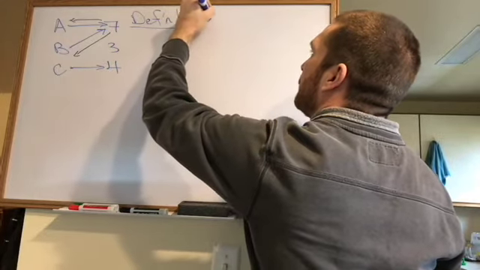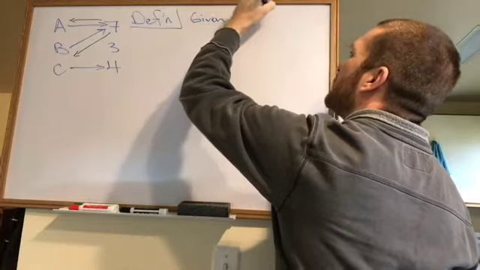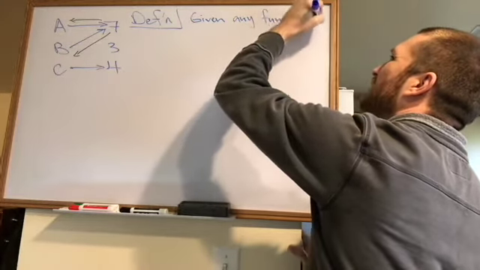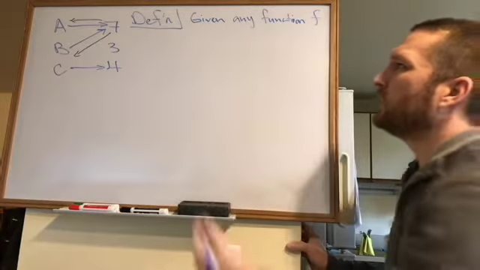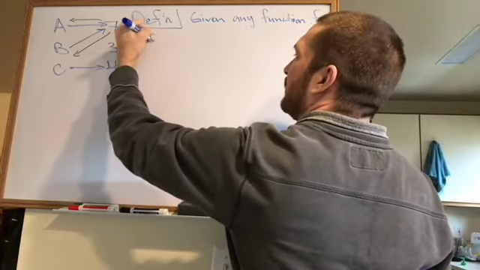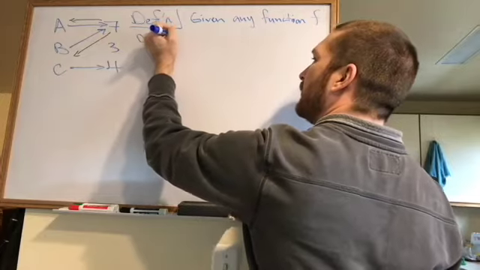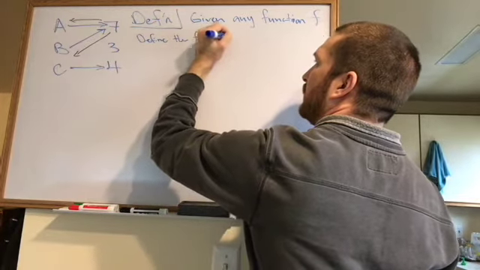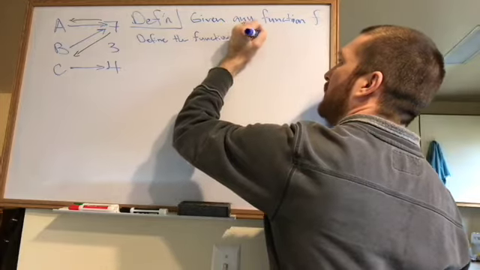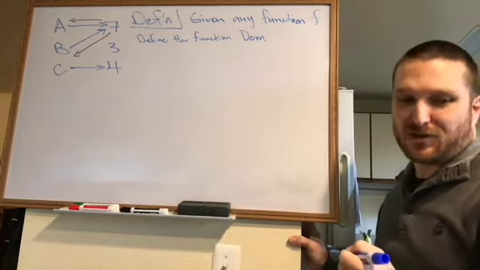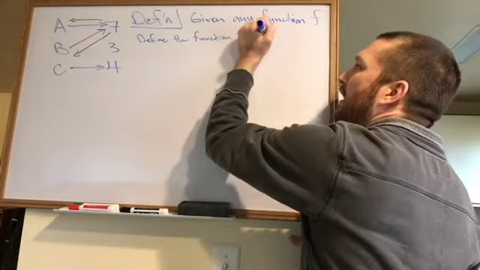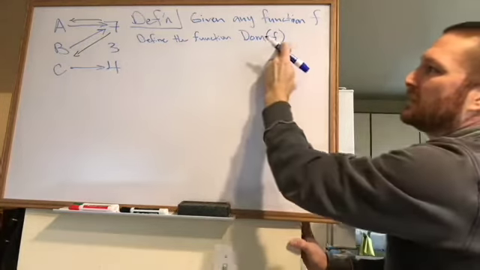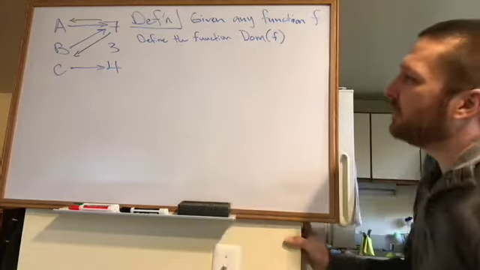Given any function f, we define a new function. I'm going to call it the function dom. Yes, we're calling it dom. Dom of f. This is the thing you will want to remember, dom of f.